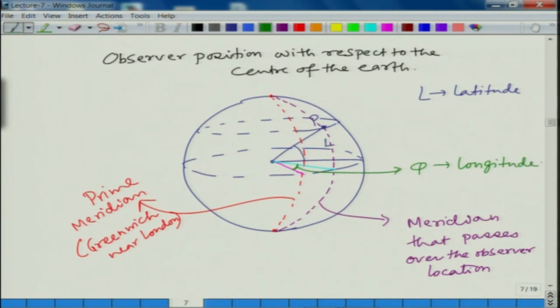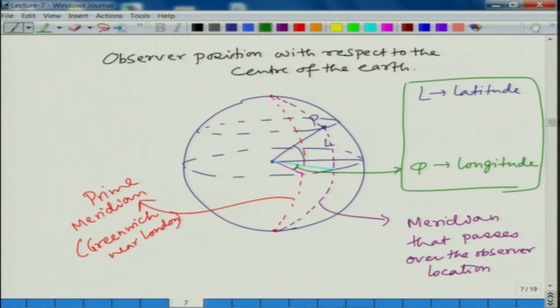So, if we know the latitude and longitude of one place, we know exactly where the observer is lying in terms of the reference frame located at the center of the earth.